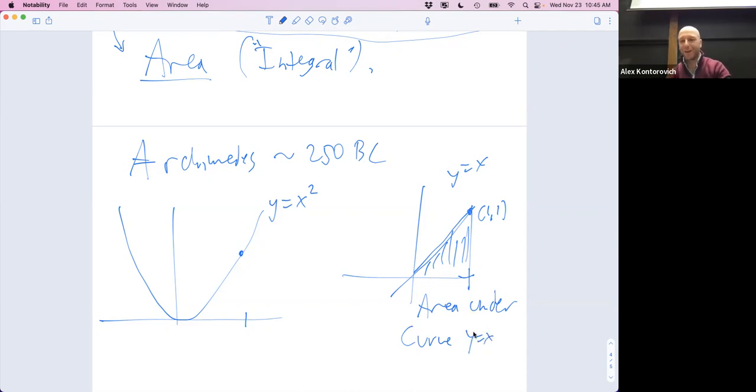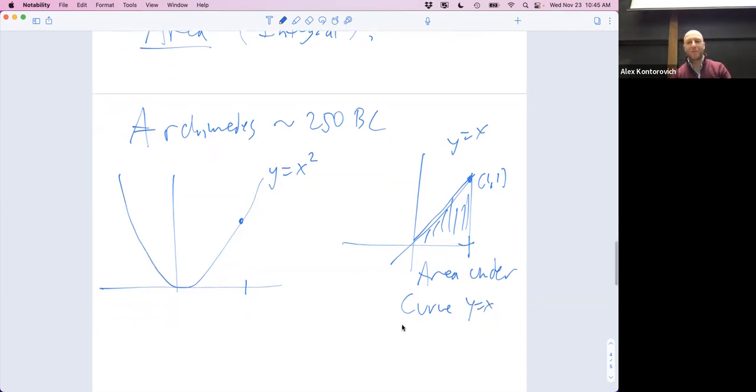Yeah, it's a triangle, right? Y equals x from (0, 0) to (1, 1) is exactly 1/2 base times height. So this area is a half, right? The base is 1, the height is 1. Nothing to it.